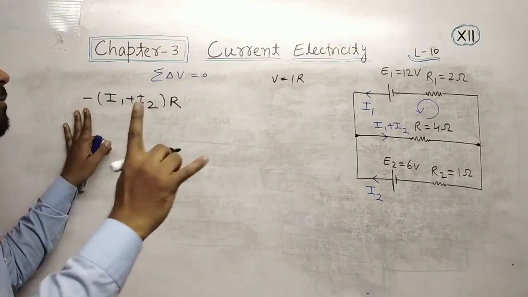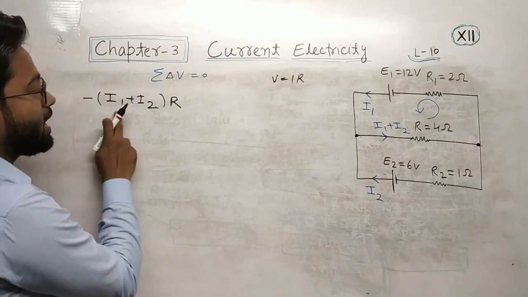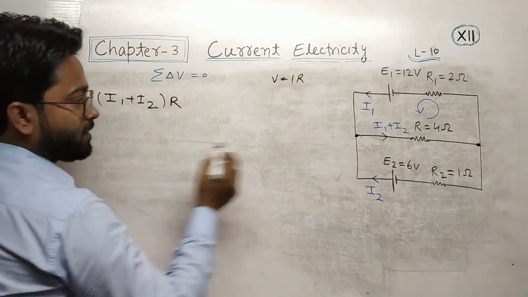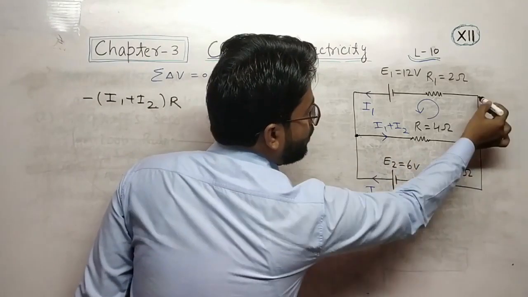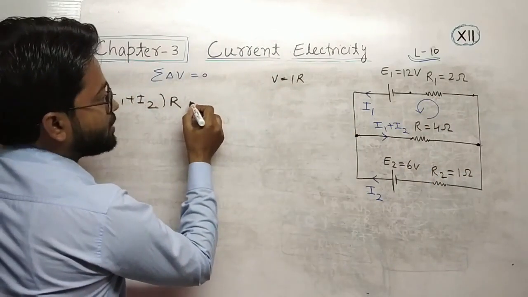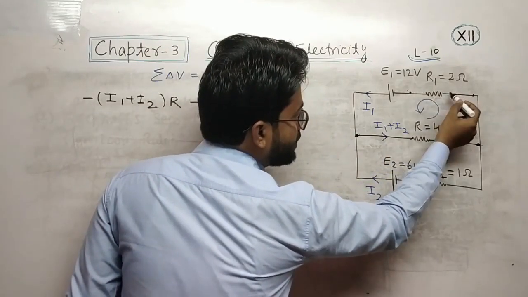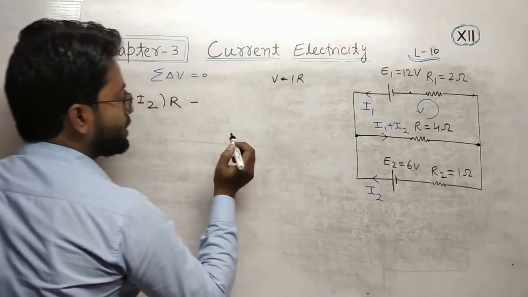If there is a potential up, we will take it as negative. This is minus (I1 plus I2) times R, going from this point to this point. There will be a potential drop because the current is in this direction, from higher potential to lower potential.